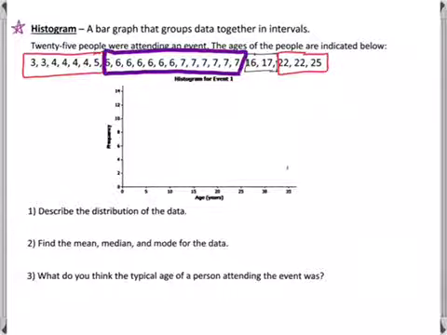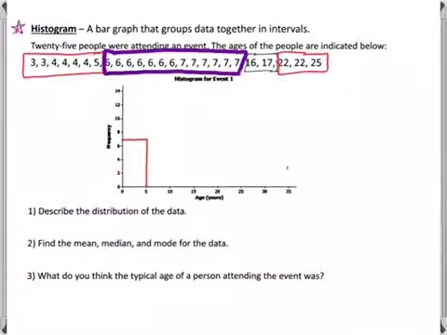From 0 to 5, let's say we've got 6 or 7 values here. From 5 to 10, we've got 1, 2, 3, 4, 5, 6, 7, 8, 9, 10, 11, 12, 13.